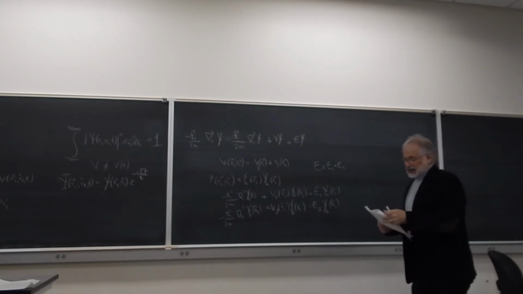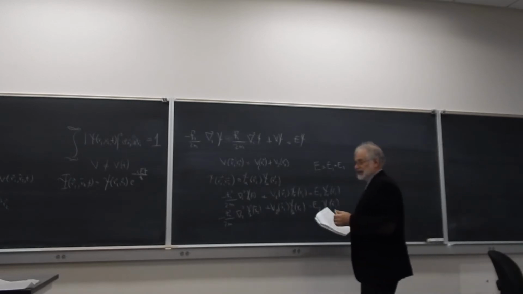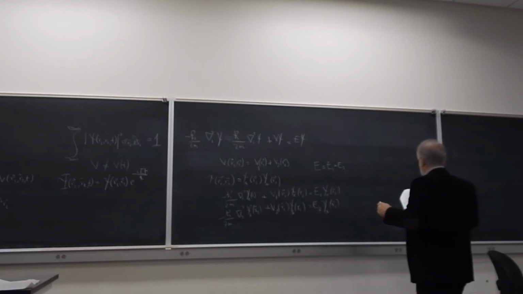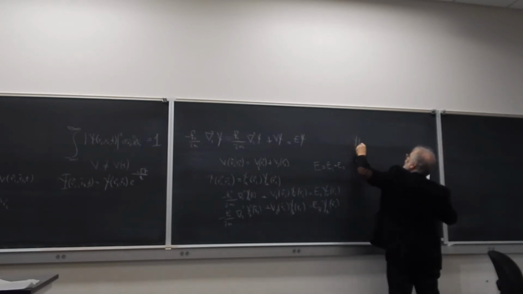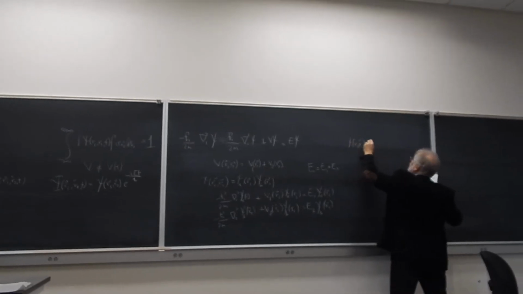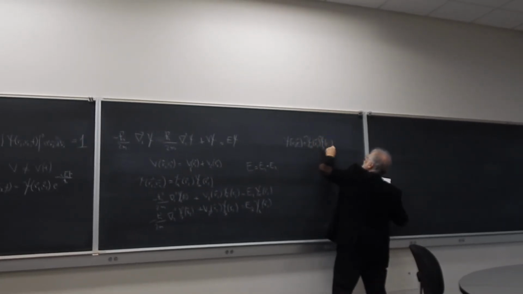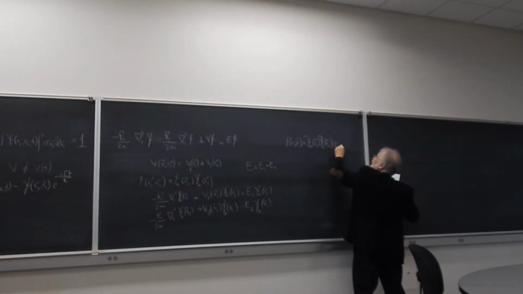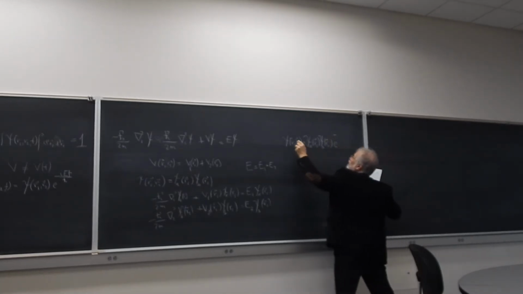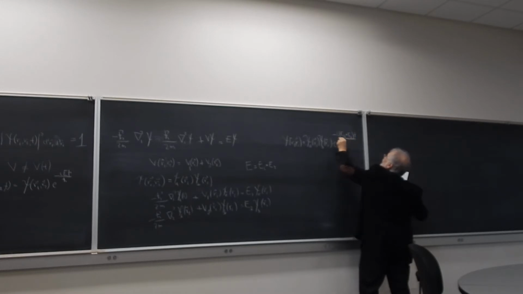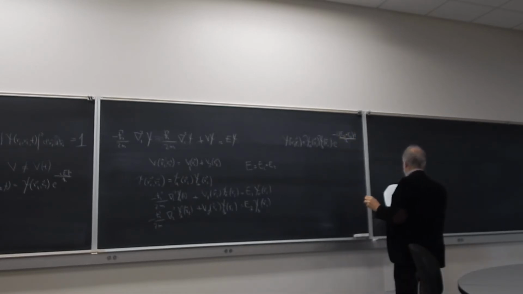I expect then that the two-particle wave function is just a simple product of two one-particle wave functions. So I can write, for example, psi of r1, r2 is equal to psi A of r1 times psi B of r2 times e to the minus i (E_A plus E_B) t over h bar.